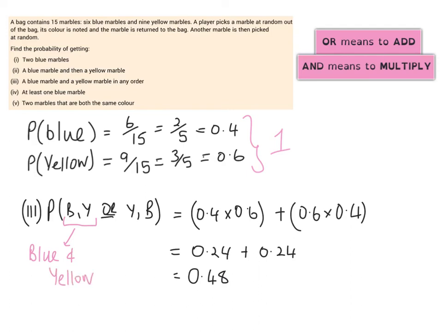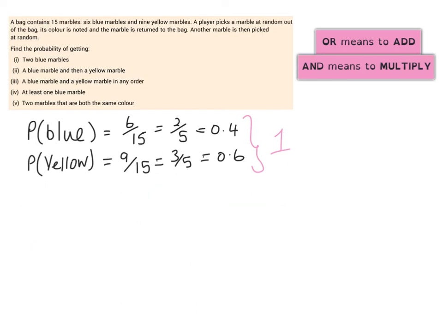And remember, and means to multiply. And this is like the opposite, basically. What if we got yellow and then blue? And in that case, we need to multiply the two outcomes.